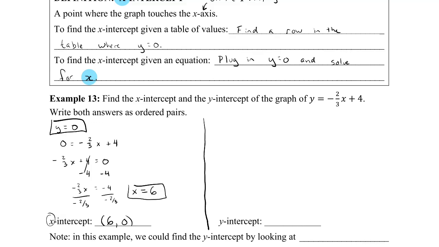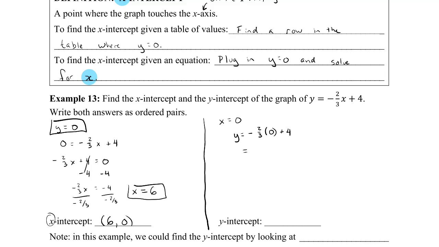For our y-intercept, we want to plug in x is 0. So we'll have y equals negative 2/3 times 0 plus 4. And this is much easier, right? This is already solved for y. We just need to work out the arithmetic on the right.